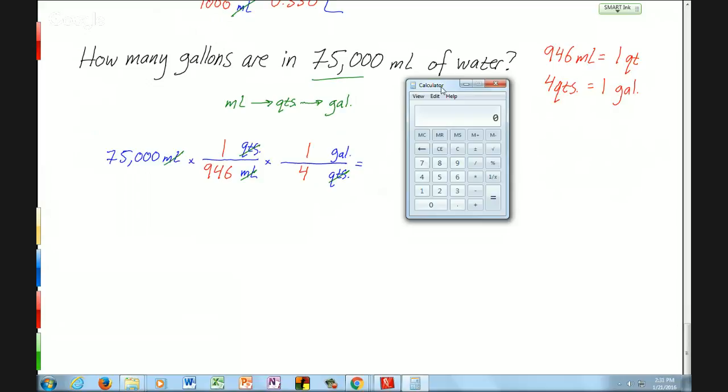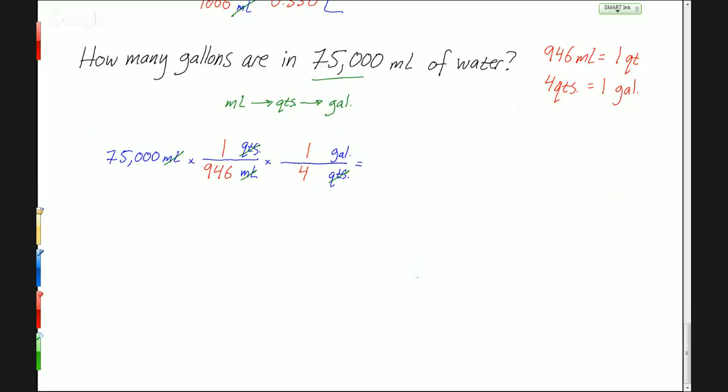All right, so we multiply through everything on top, divide through everything on the bottom. The way I type that in a simple calculator like this is 75,000 divided by 946, and then divided by 4. 19.8 gallons.